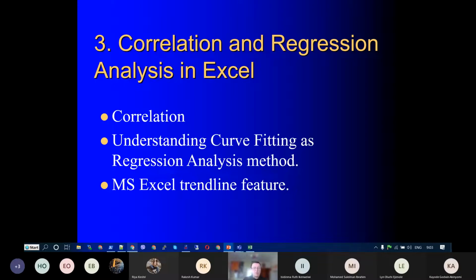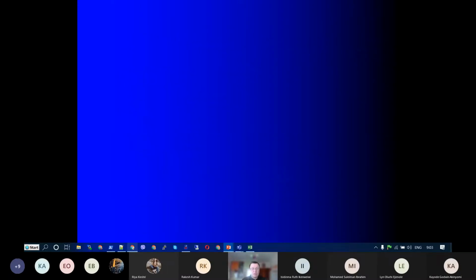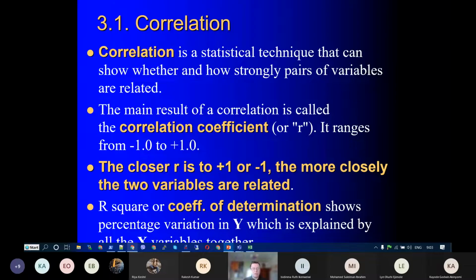Let's proceed with correlational analysis quickly. It's a statistical technique that shows how strongly pairs of variables are related. In the definition, emphasis is given that only two variables are analyzed at a time with this method.